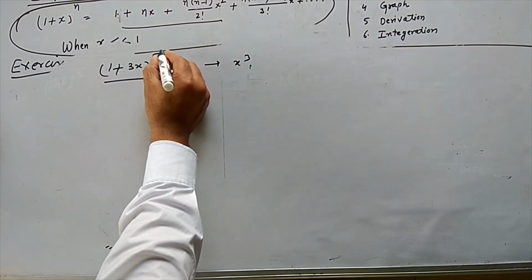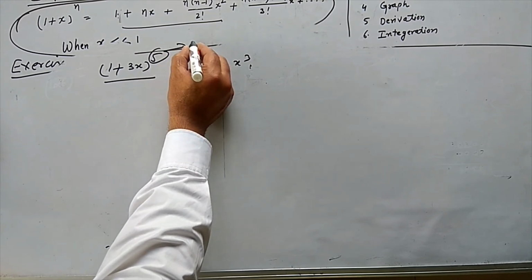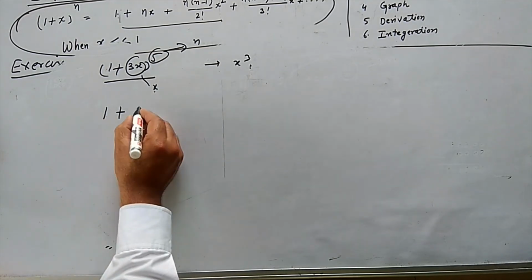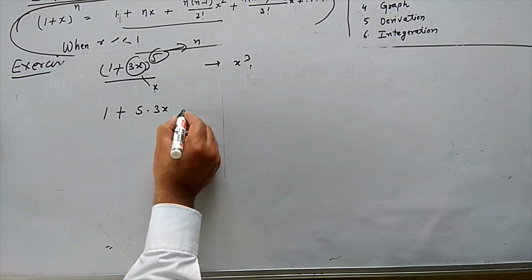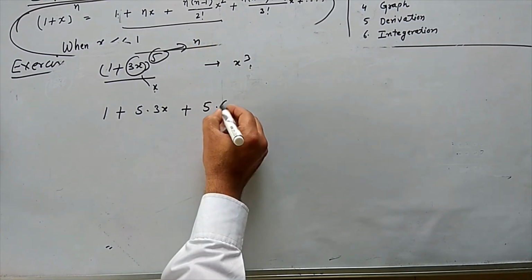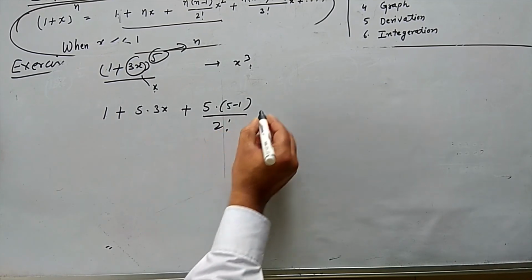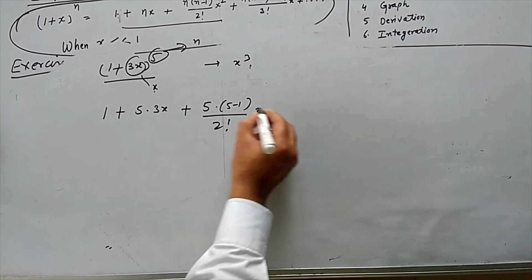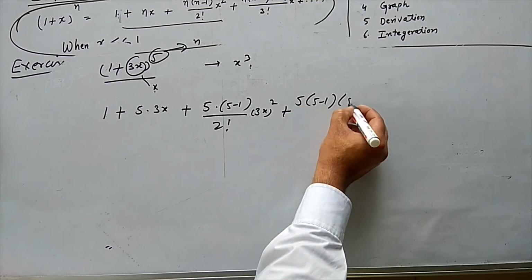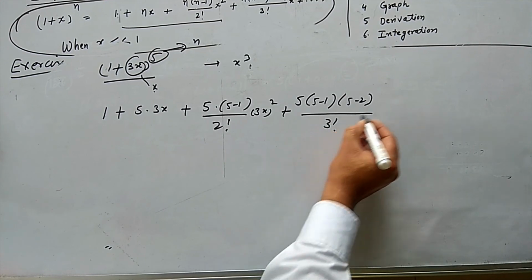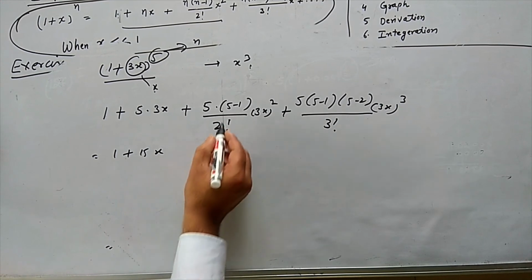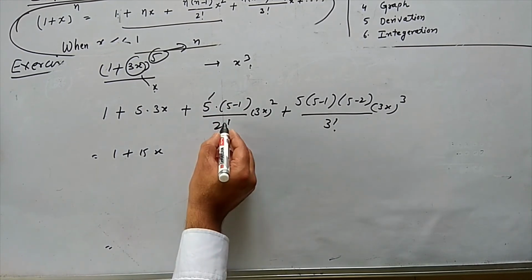So I am using this in place of n, and this in place of x. 1 plus n into x plus n into n minus 1 divided by 2 factorial and x squared, then n minus 1, n minus 2 and 3 factorial and x cubed.